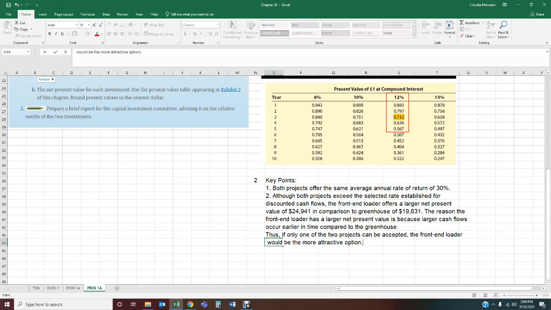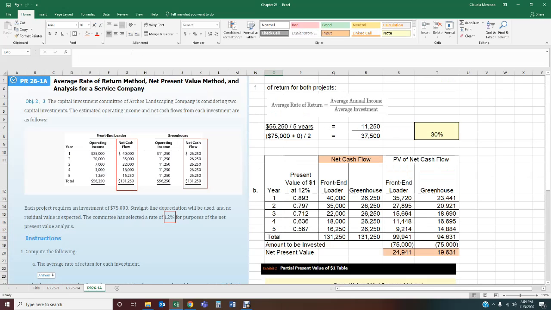Yes, both projects are going to give you an average rate of return of 30%, which exceeds the 12% that management had set. So that's pretty good. They're both giving you a good rate of return. But if you had to choose between both options, we would choose the front end loader because that gives me the net present value higher than the greenhouse.